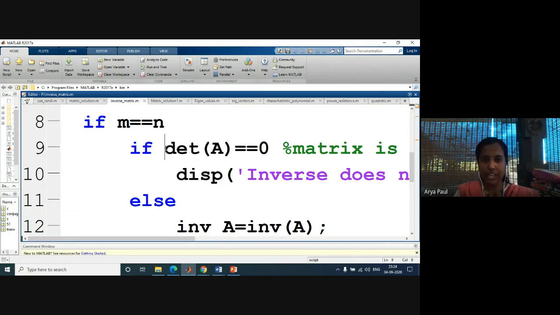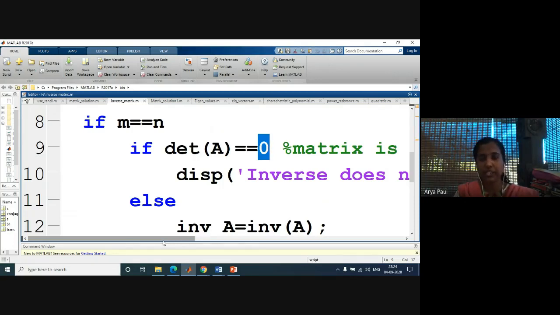So if the determinant of A equal to 0, it means the matrix is a singular matrix. You already have studied all this.